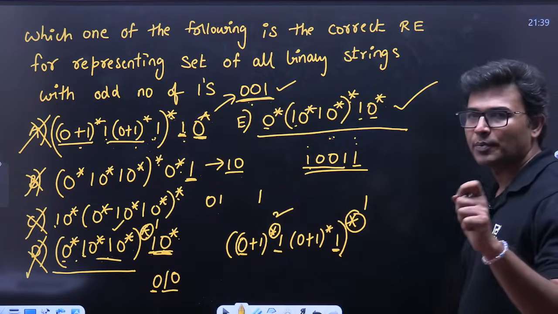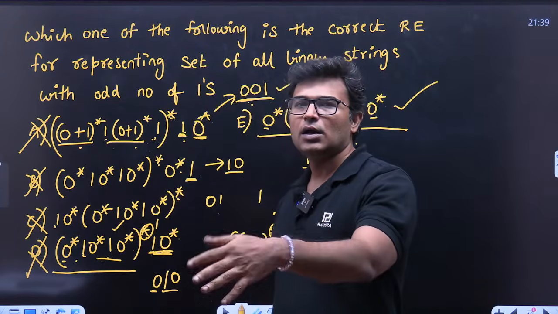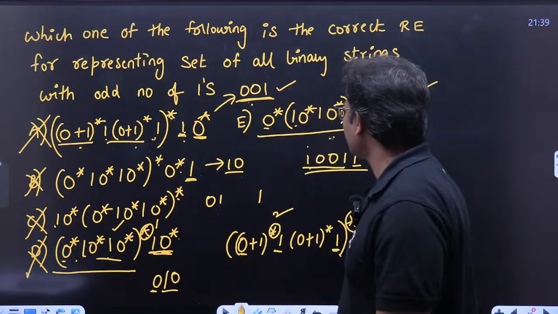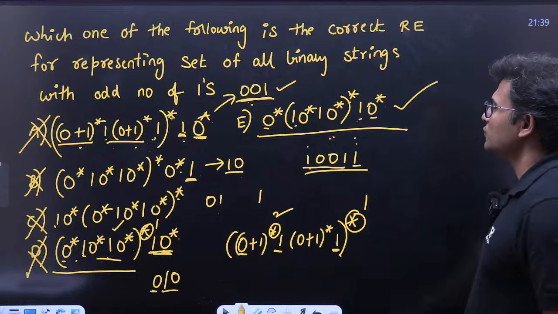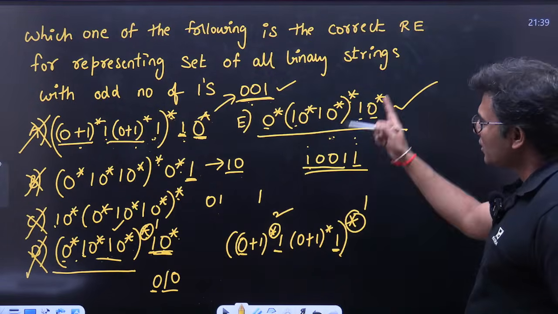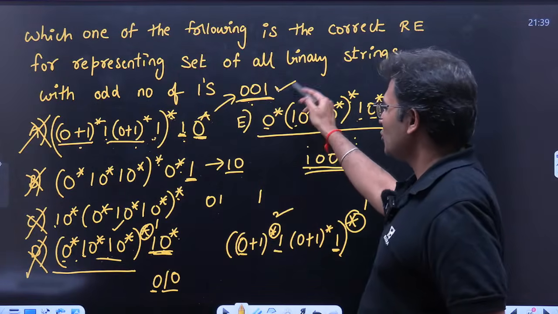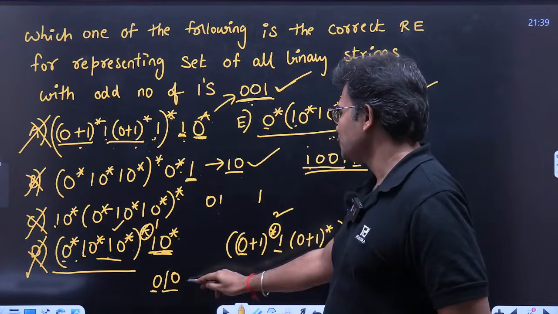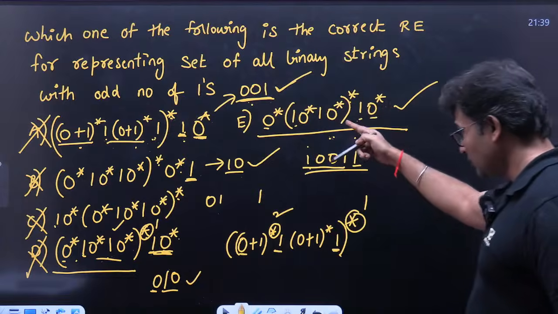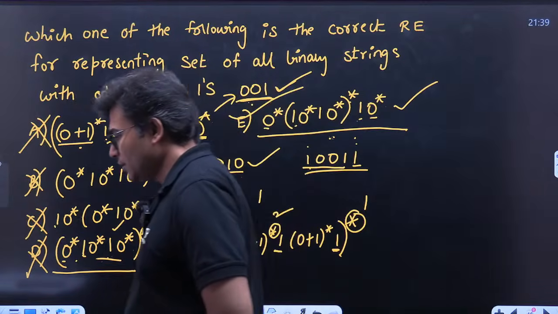So this topic is not yet over. There is one more topic, converting finite automata to regular expressions. But still this is the only option remaining. Now you check whether all these strings are generated or not. You check 001, you check 10, you check 010. Everything will be generated. So E is the option.